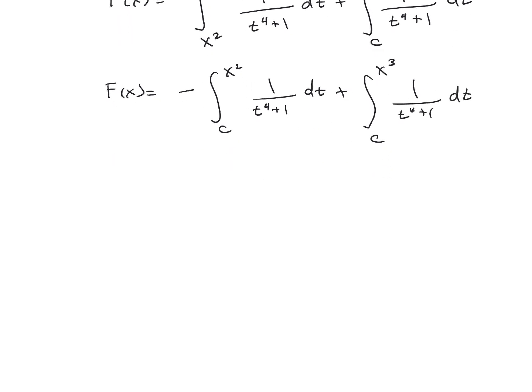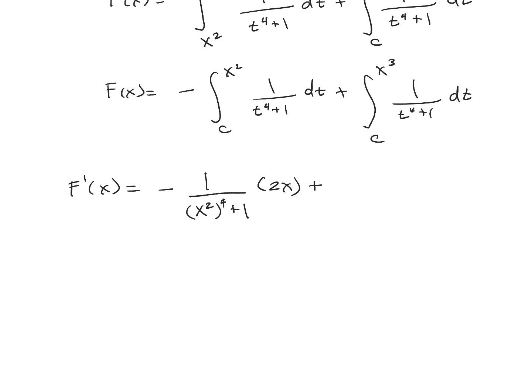And now we are ready to find our derivative using the chain rule. So f prime of x, again, is going to be the negative of the integrand function evaluated at that upper boundary, x squared, times the derivative of the upper boundary, which is 2x, and of course minus 0 for the constant.